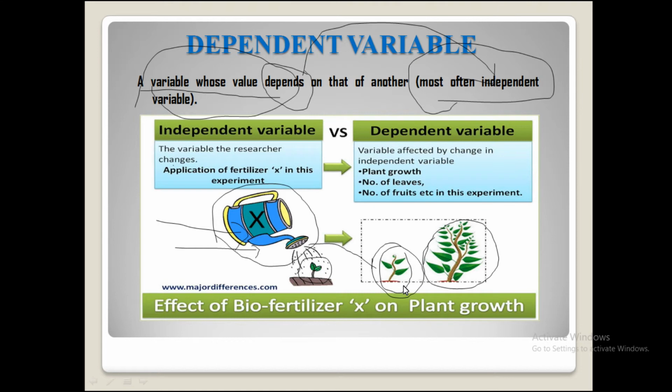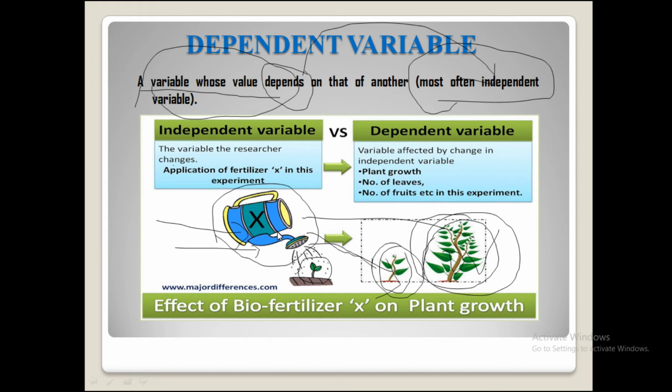The dependent variable increases, and this is basically the dependent variable. And if the researcher continues watering and fertilizing the plant for a further 10 days, the size of the plant will increase. Here is the dependent variable. More watering, more fertilization, more value of the dependent variable, more size of the dependent variable.